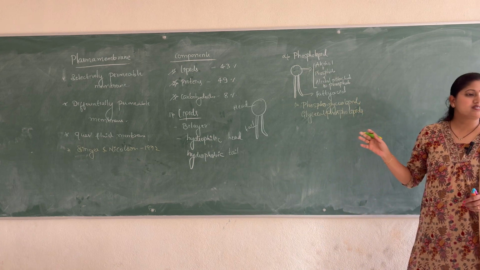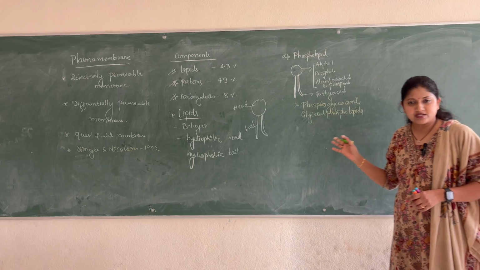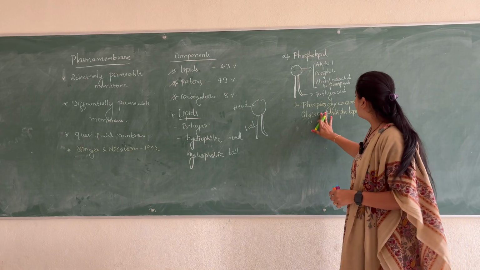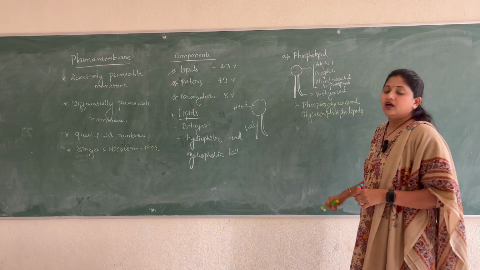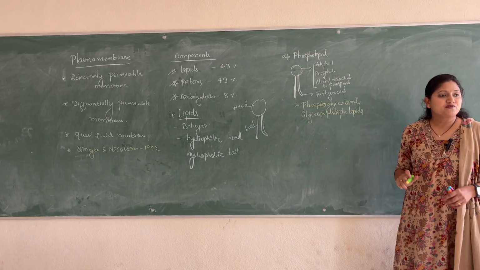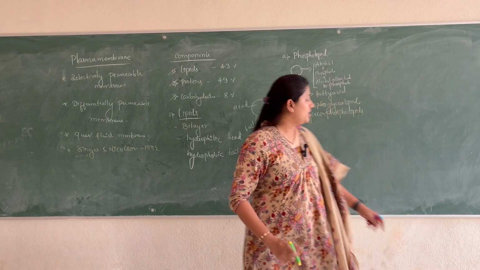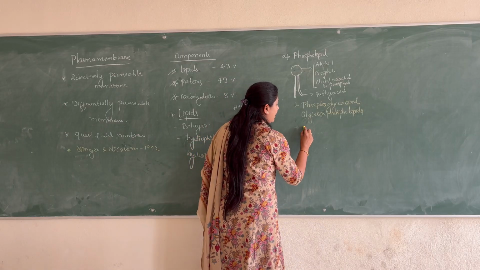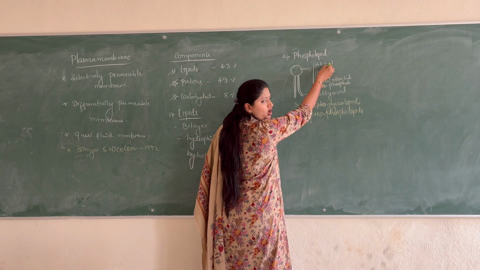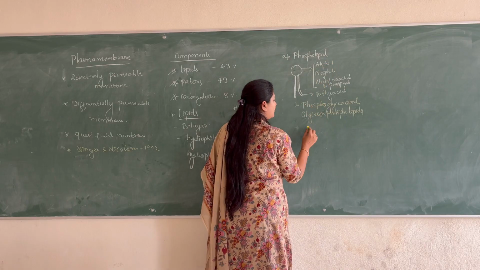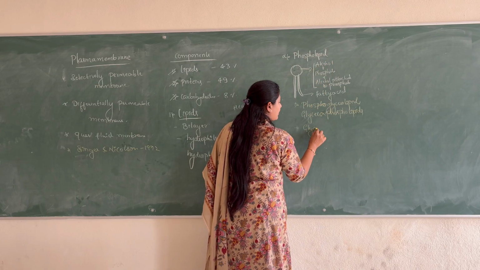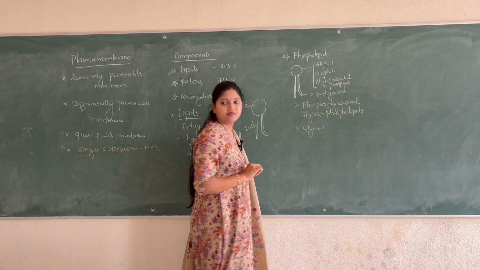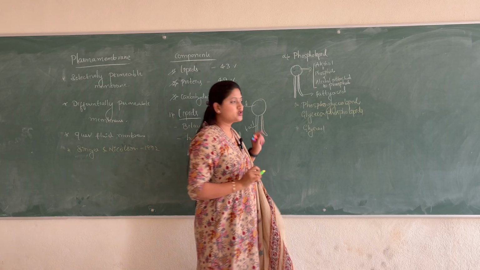They also call it glycerol phospholipids, but glycerophospholipids is what you will find in many books. You can directly take this as glycerophospholipids. In glycerophospholipids, instead of this alcohol, they have glycerol.